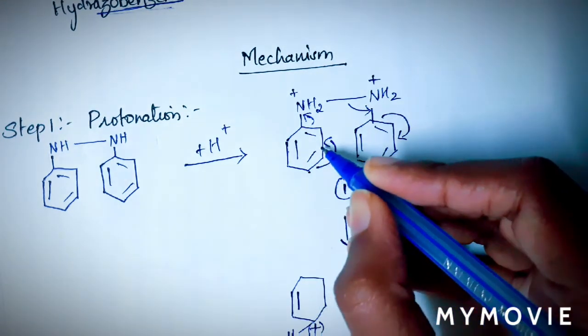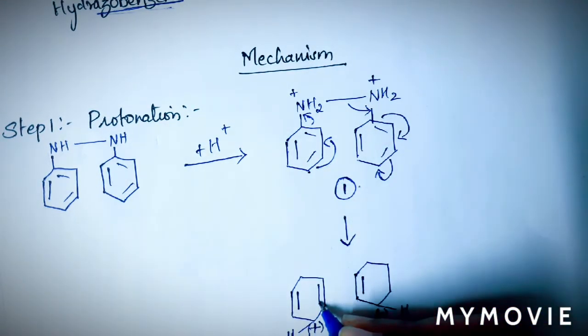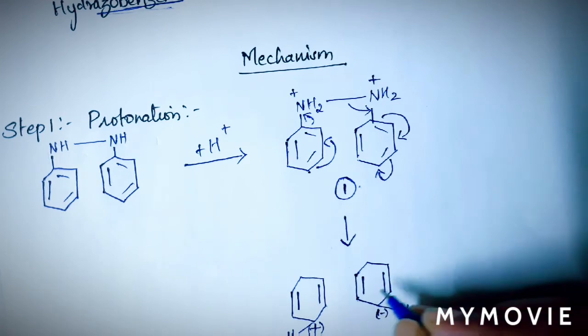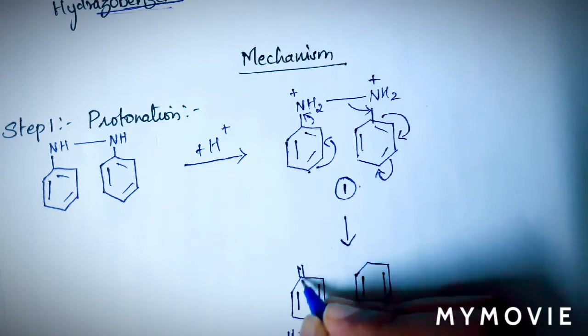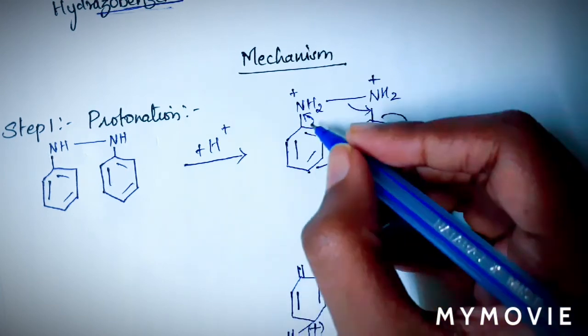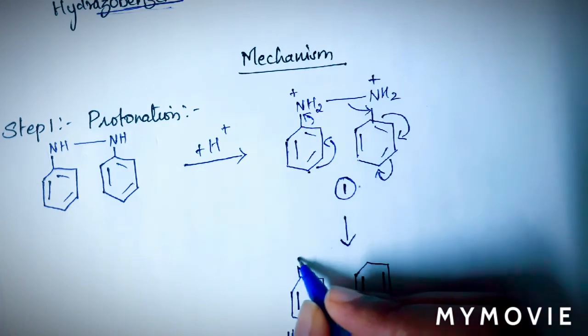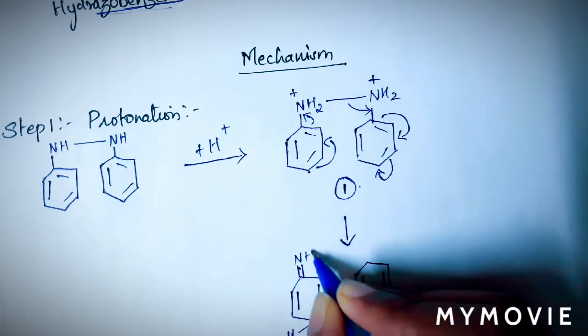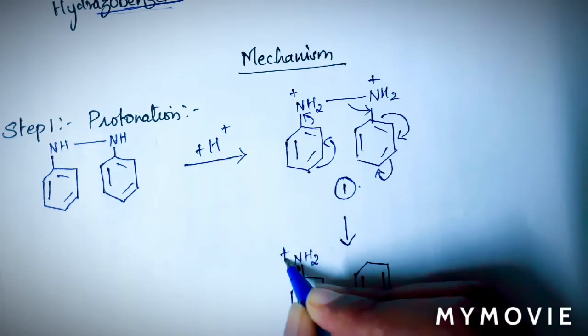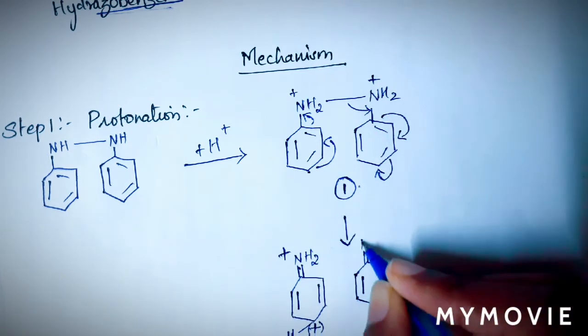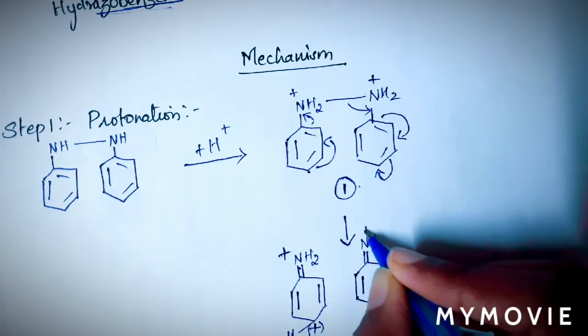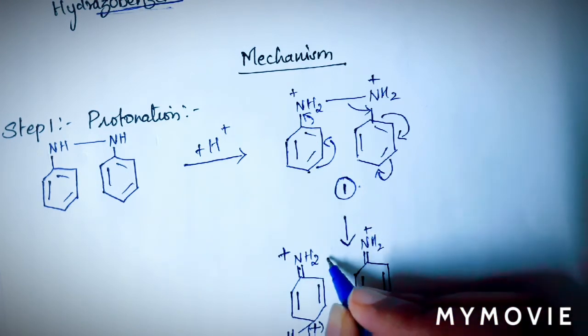This bond is shifting here, so I'm going to draw those bonds according to the way in which they are shifted, and nitrogens will be bonded by a double bond with this carbon atom because there's a bond going towards nitrogen. So there's nitrogen, NH2 plus, and then again there's a double bond here, NH2 plus, and there's a dotted line here.